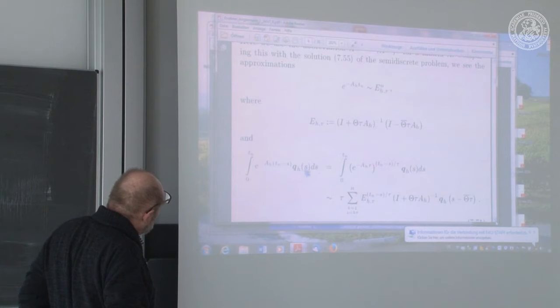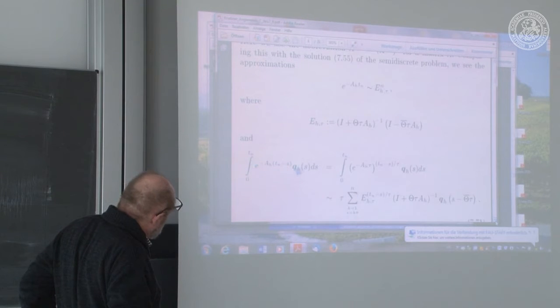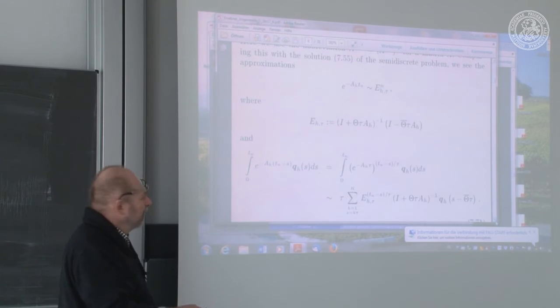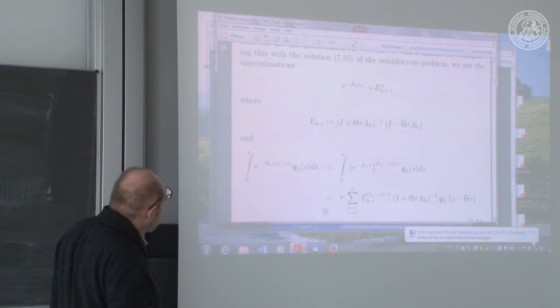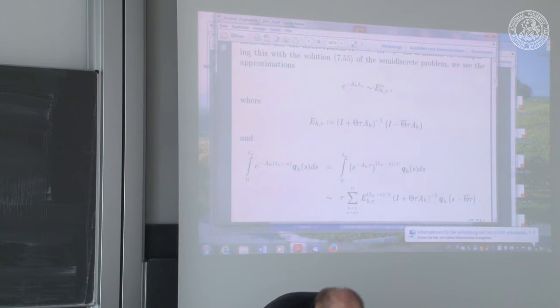We consider, so to speak, for each instance of time, the right-hand side as initial data, and we start the solution at this instance of time s as if this would be the initial data. Then we get this part, and we overlay all these solutions by forming these integrals. At the discrete level this overlaying becomes much clearer, because we just have to sum up. So this integral becomes a corresponding sum on the time-discrete level. To these representations, we now come back.